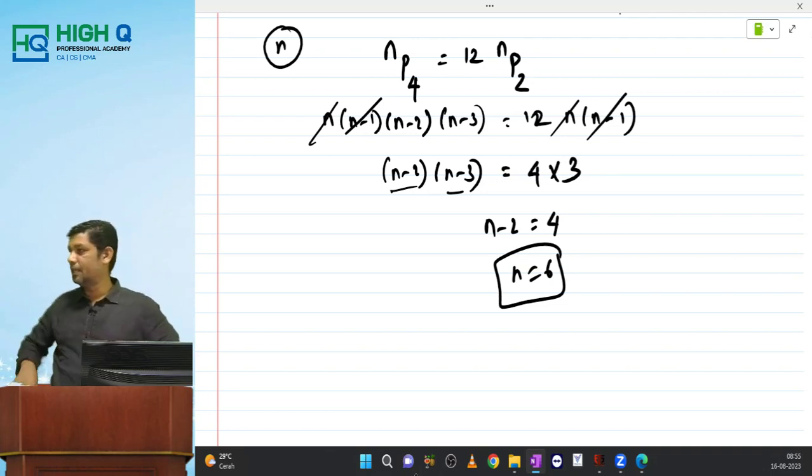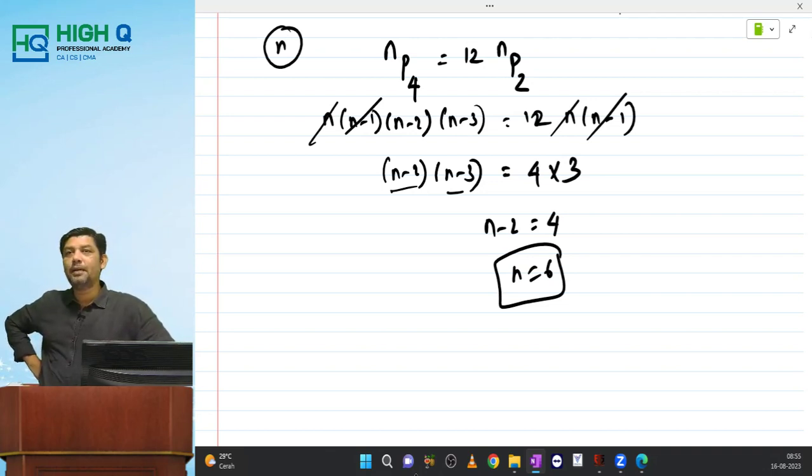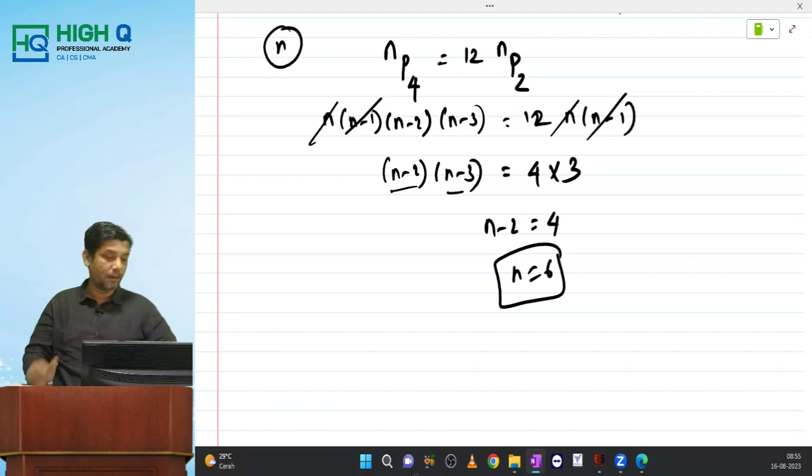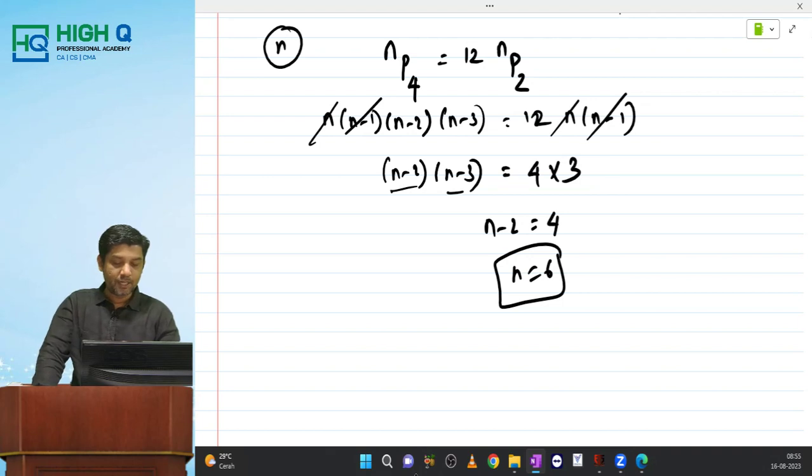This is the method, but don't waste your time. Directly use the trial and error method. One of the options is 6, right?